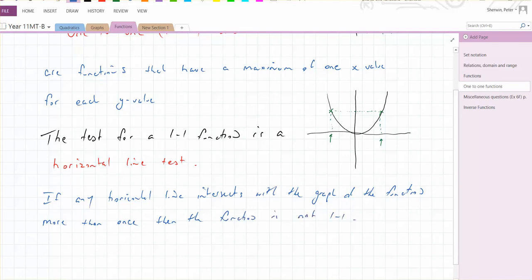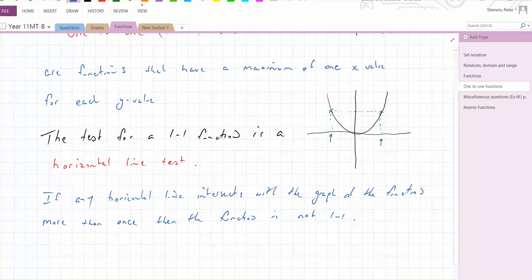Now, what's the significance of that? I hear you shout. The significance is that a function has to be one-to-one in order for it to have an inverse function, or in order for its inverse to be a function.